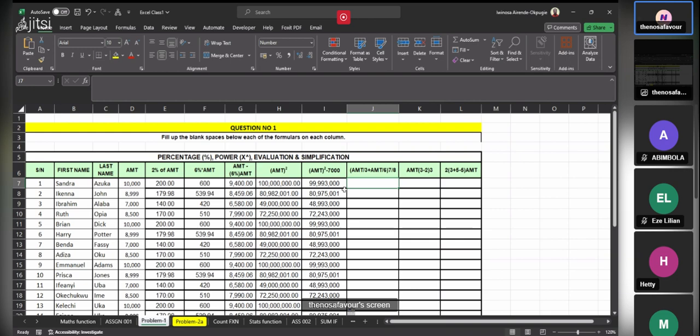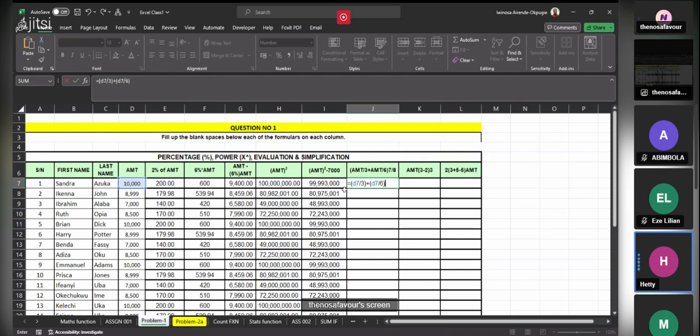Okay, so equal to, open a bracket, D7, the divide is slash, yes, slash 3, close the bracket, plus, open another bracket, plus D7 slash 6, close the bracket, this time two brackets.